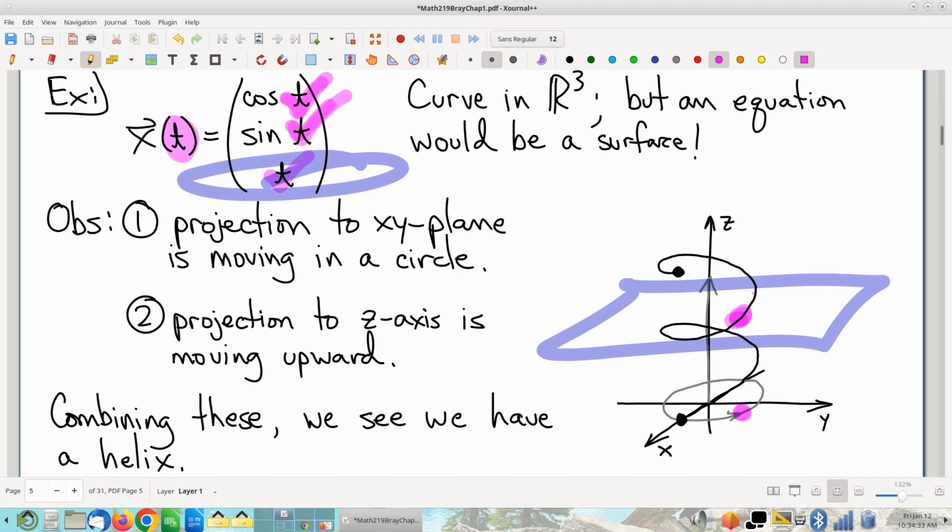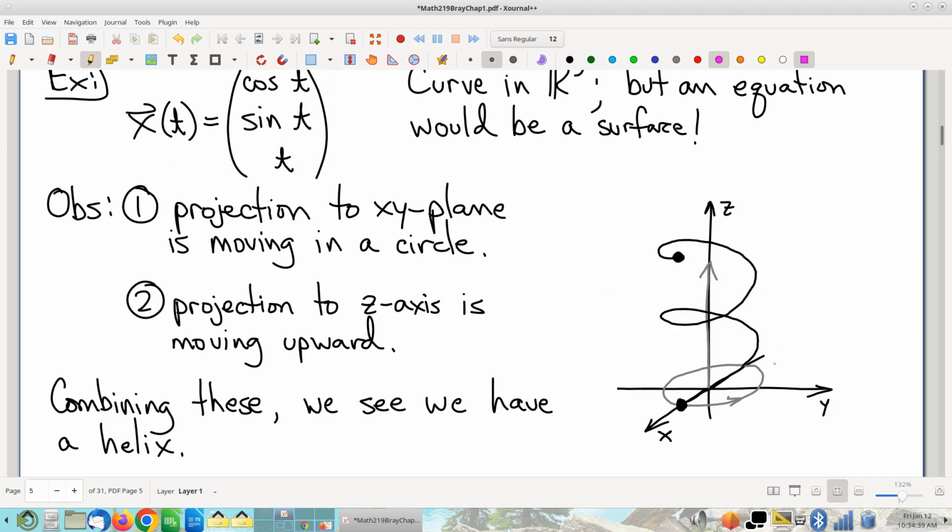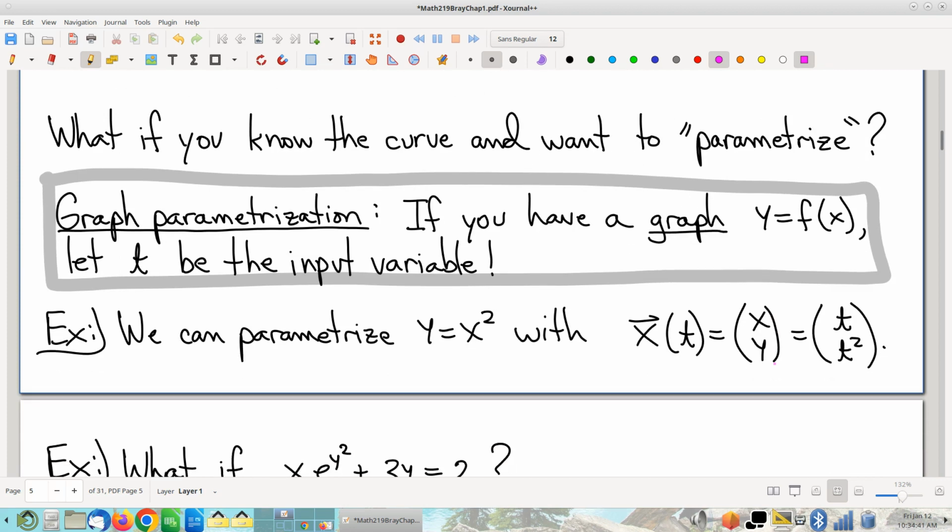All righty. Okay, so moving along. So what we have looked at here is, given a parameterization, given the formula for position as a function of time, how do I figure out geometrically what it looks like?